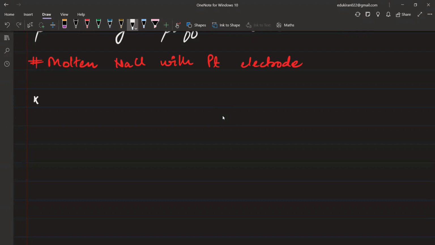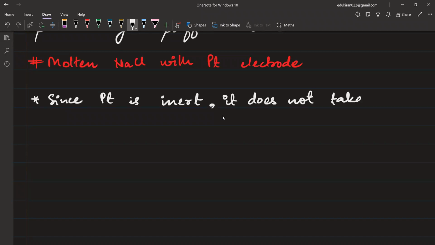Okay, first of all, you are writing, since platinum is inert, it does not take part in electrolysis. Okay, platinum is inert, that is why it is not going to take part in electrolysis.